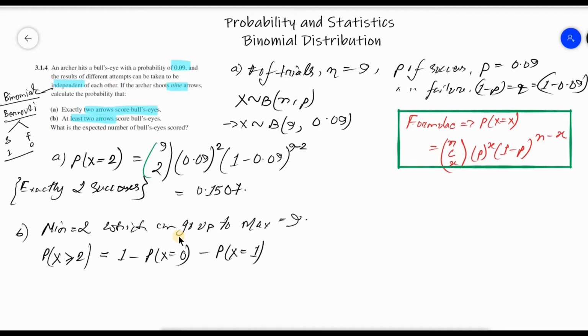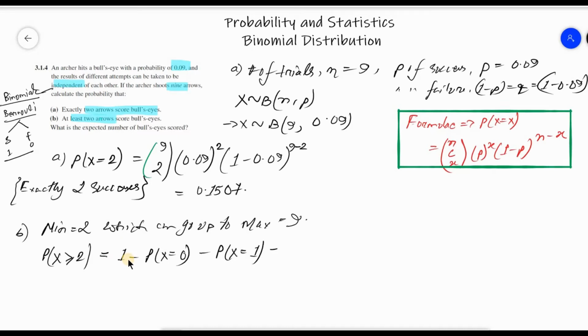Now you have to understand that the probability of getting at least 2 or more successes can also be determined in a shortcut way by determining the probability of this portion, which is 1 minus the probability of having successes less than 2, which is there can be no bullseye indicated by probability of x equals to 0, and there can be only one bullseye subtracted from the total probability 1.